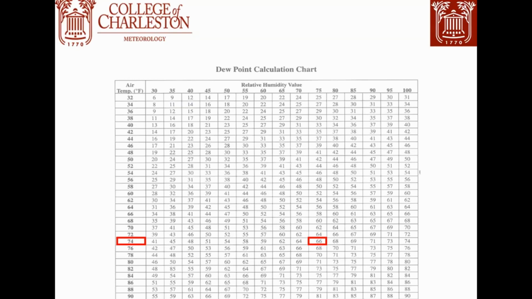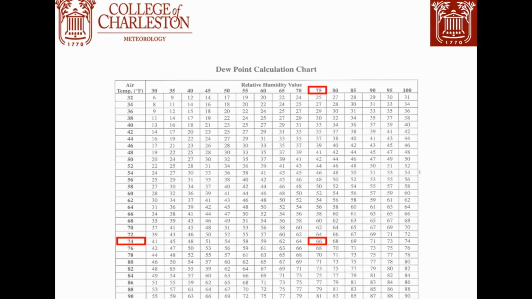Now the idea is that if you have the initial dry bulb temperature of 74 and you have the wet bulb temperature of 66, you can use those two values to find out what the relative humidity is. So once you are locating where the actual 66 value is, then you go to the top of your chart to see where that intersects the relative humidity.